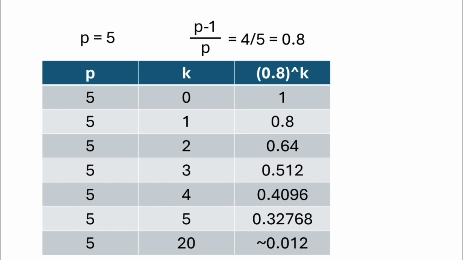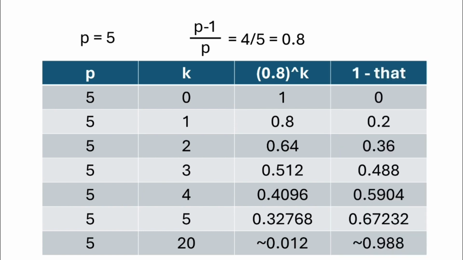And as k goes up, the p minus 1 over p to the k keeps dropping. But no matter how high k goes, it's never quite going to reach 0, right? It compresses, and there's always just some tiny amount left. By the time k is 20, you've got it around 1%, and it's dropping a little bit at a time.